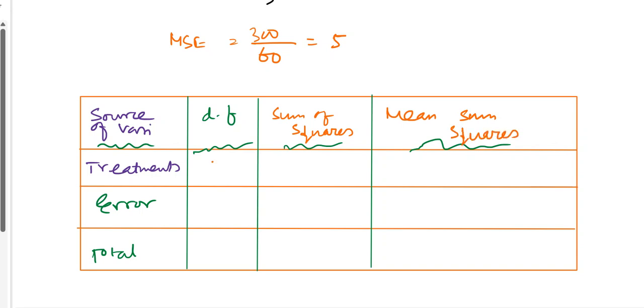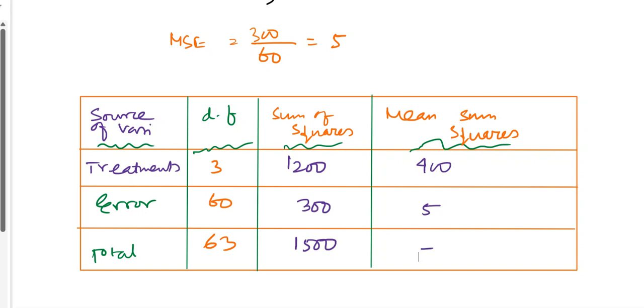So okay, DF means 3, 60, 63, and 1200, 300, 1500. Mean squares 400 and 5, and the last line will be blank.